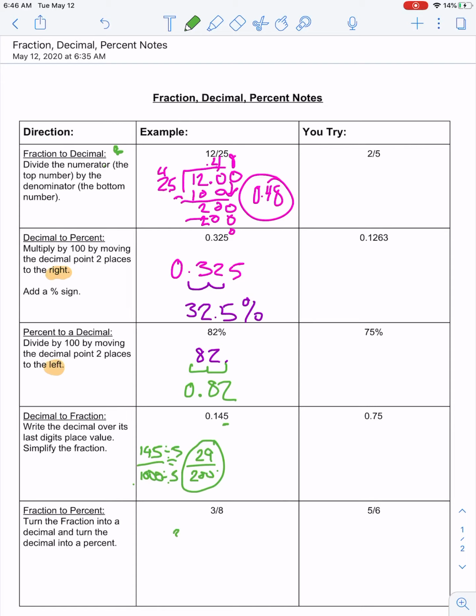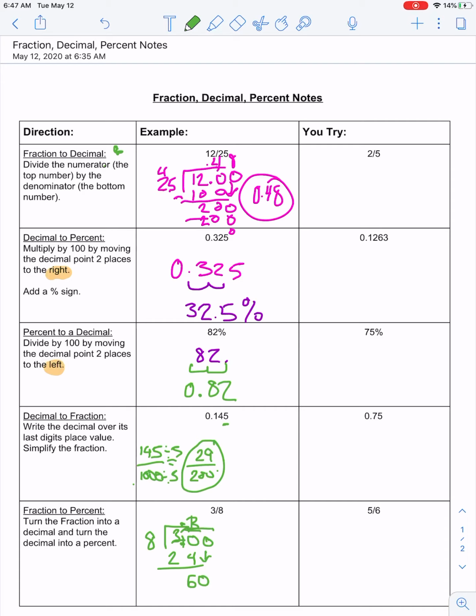So we have to take 3 divided by 8. So we put in our decimal and a 0, move our decimal up to our answer. 8 goes into 30 3 times. 3 times 8 is 24. Subtract, we have a remainder of 6. So that means we annex a 0, drop it down.